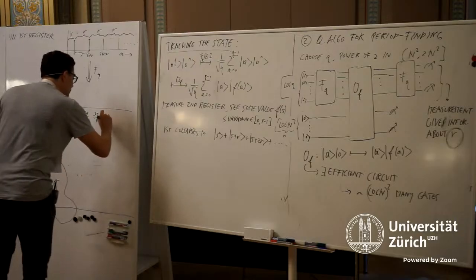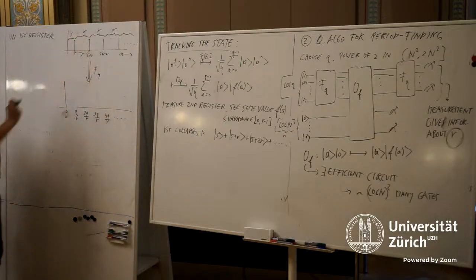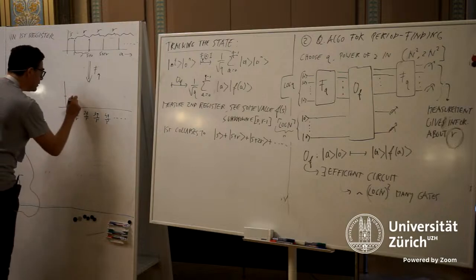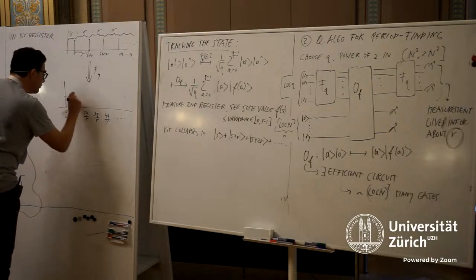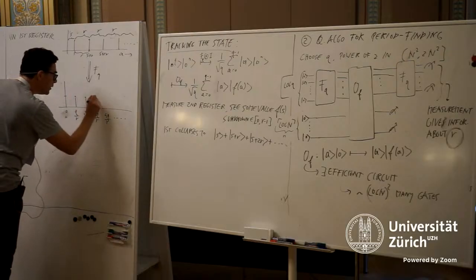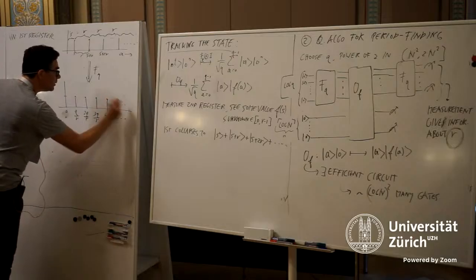So instead of being spaced apart by r, if you do a Fourier transform, what you will get is essentially the integer multiples of Q over r in your superposition.